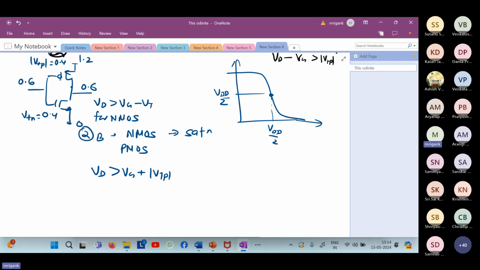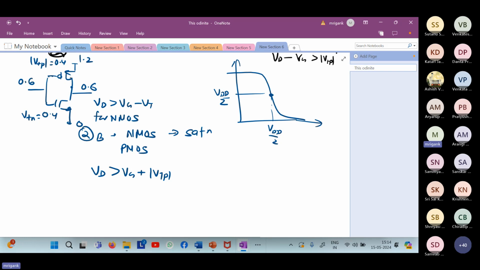So definitely you have the case that VD is less than that, or basically we can say that the drain potential at this point is not sufficient to form the channel, because it must be greater than the gate potential by mod VTP. Then only the drain side channel will be formed.